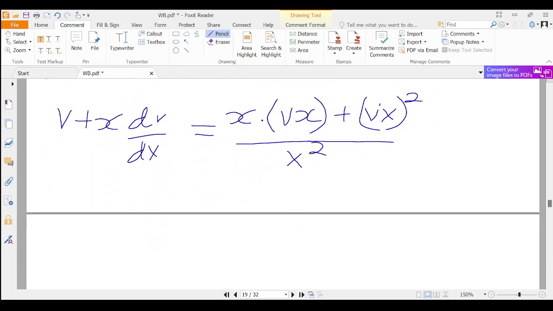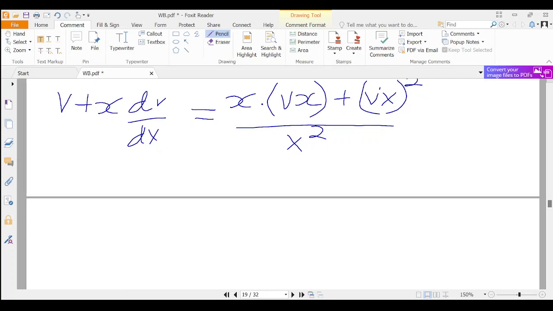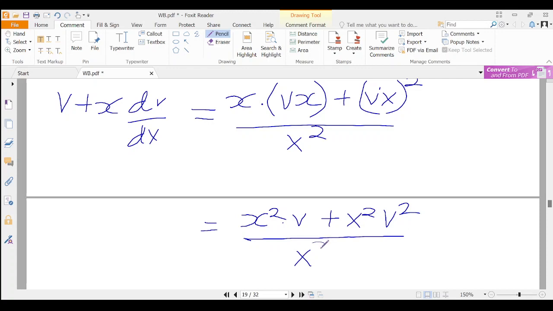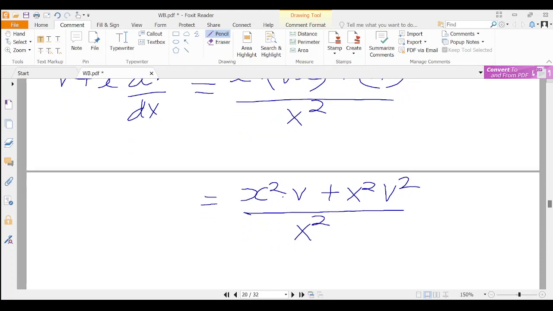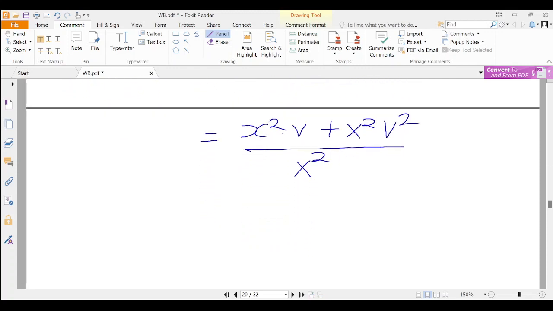If you look at the right-hand side, the first term in the numerator can be expressed as x squared times v, and the second term can be expressed as x squared times v squared. The denominator is x squared. Notice that we can factor out x squared in the numerator, so that we write x squared times v plus v squared.